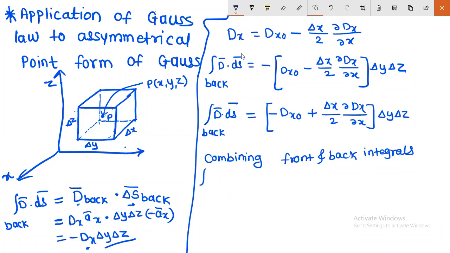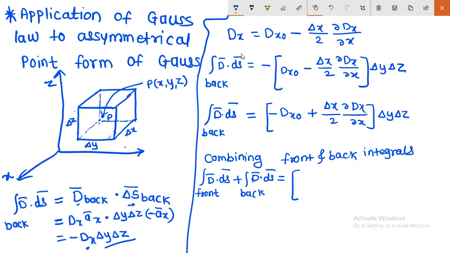So we'll get integration for the front side of this D bar dot ds bar plus integration for back side of D bar dot ds bar is equal to, now front side साठी काय होतं, प्लस होते सगळे, राईट ना?